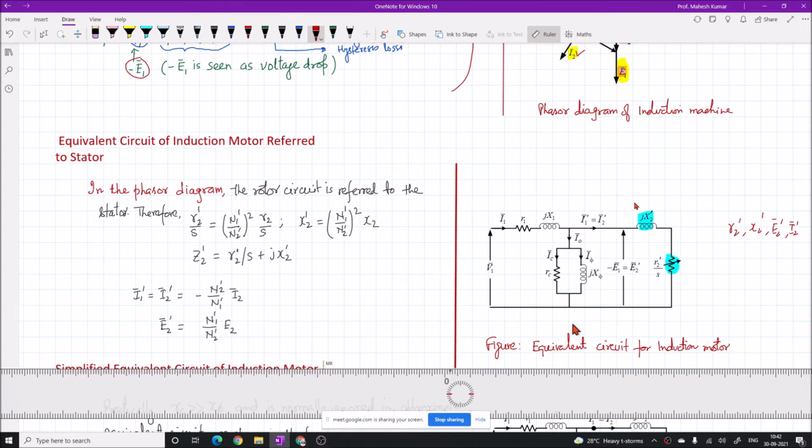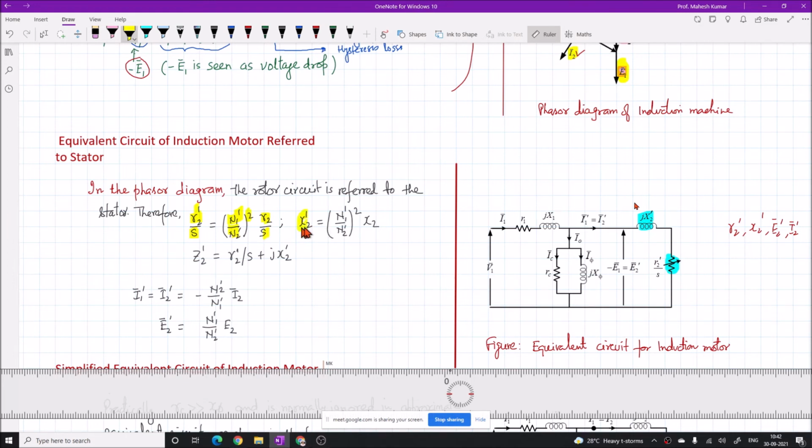The prime superscript denotes that the quantities of the rotor are referred to the stator side, and the relationship between the prime quantities and the original quantities is given here. For impedance, it is given by N1 dash by N2 dash, whole square. So R2 dash by s is given by N1 dash by N2 dash the whole square into R2 by s.